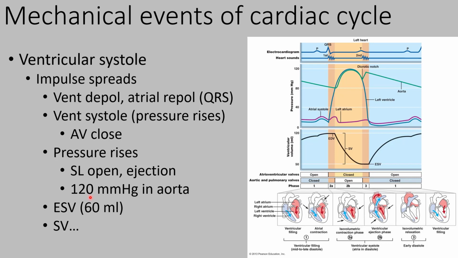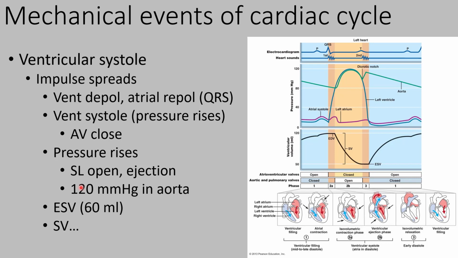So, pressure in the aorta right now, as we are pushing blood into it, is 120 millimeters of mercury. That number might sound familiar, which we will talk about. But right now we are ejecting blood from the ventricles, and on the left side of the heart, we are ejecting blood into the aorta, filling it with blood, raising the pressure in the aorta up to 120 millimeters of mercury.